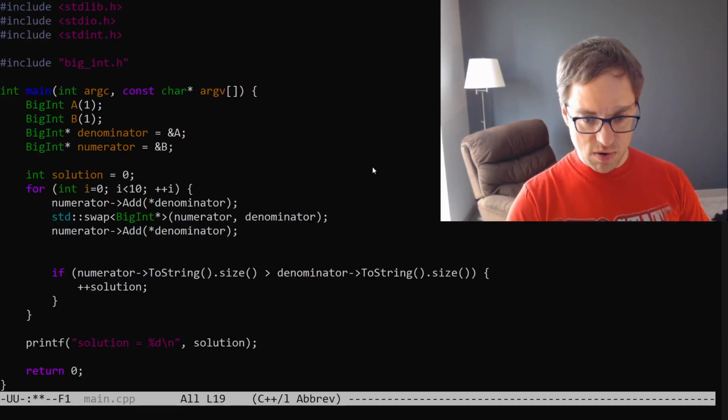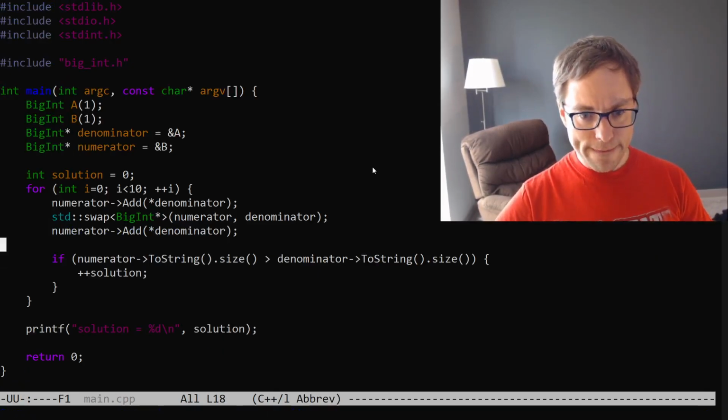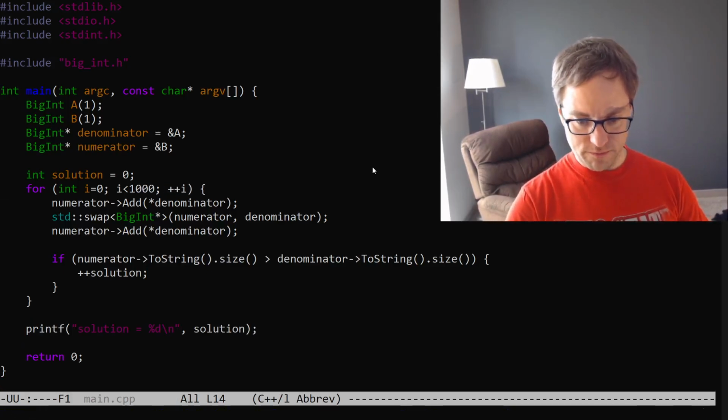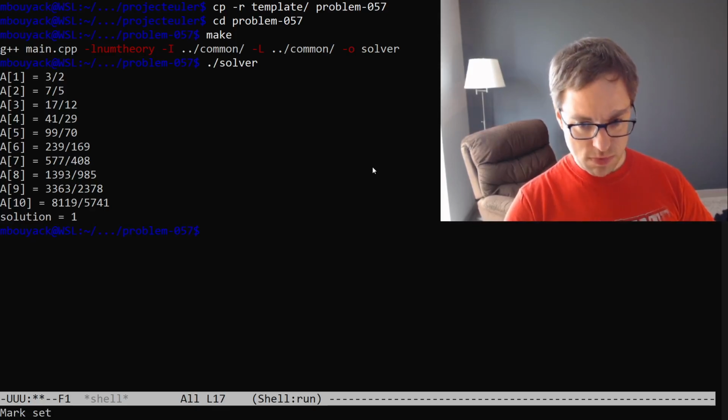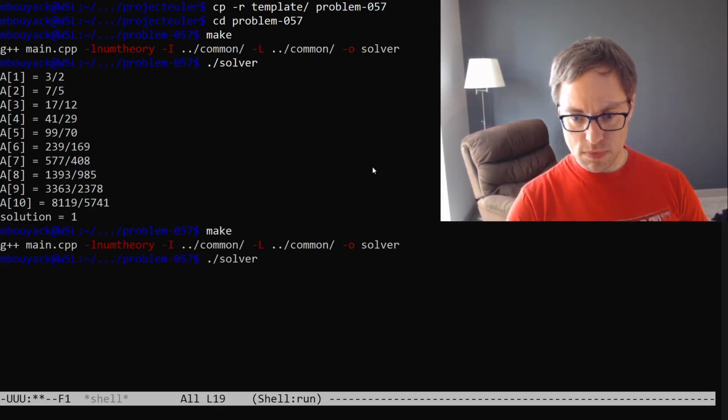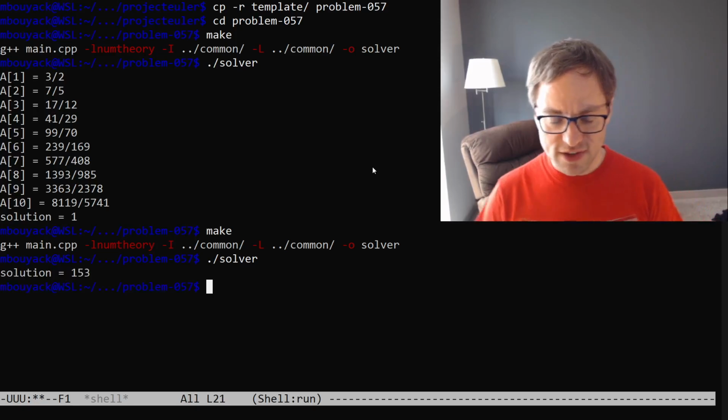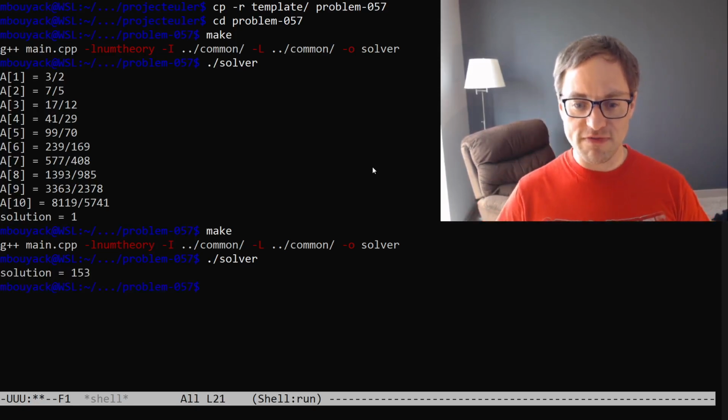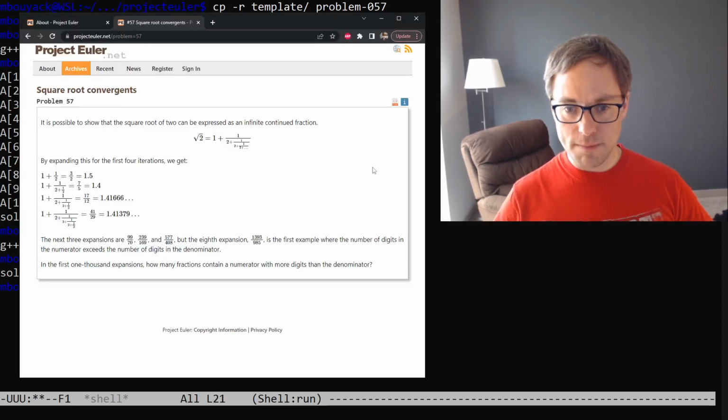Okay, so now let's run the full thing. Get rid of our printf here and crank this back up to 1000. Okay, so it gives us an answer of 153. So let's go back to the archive here.